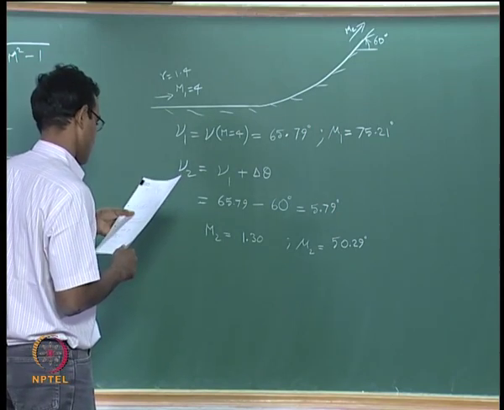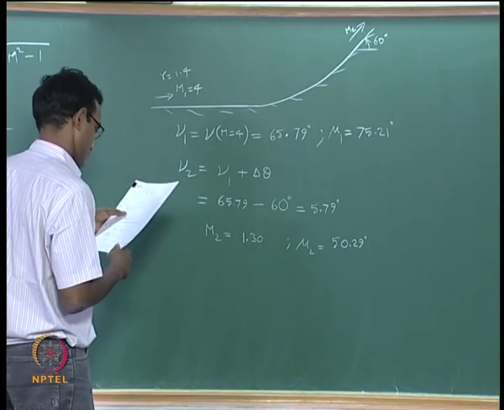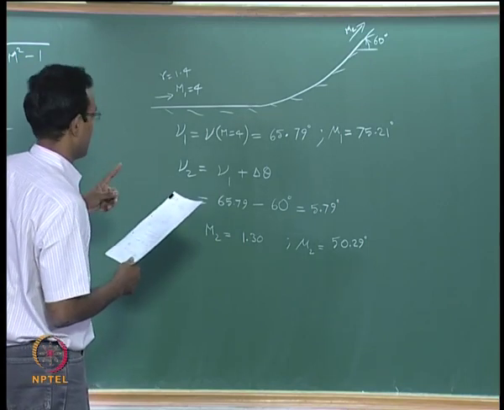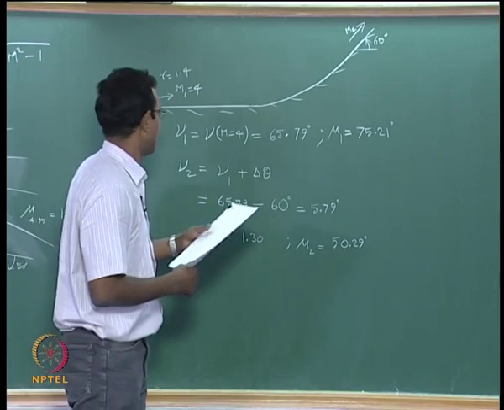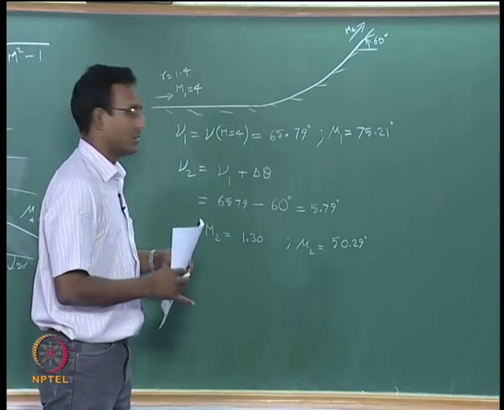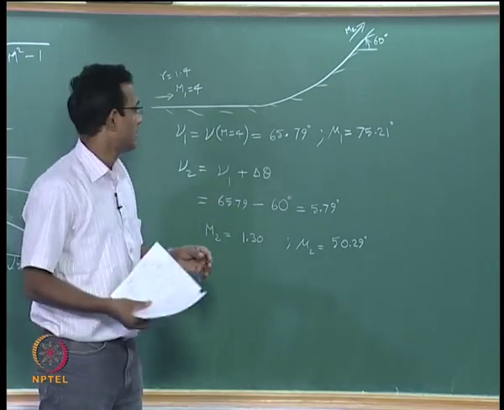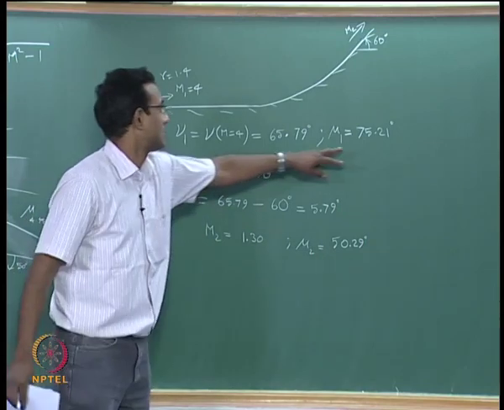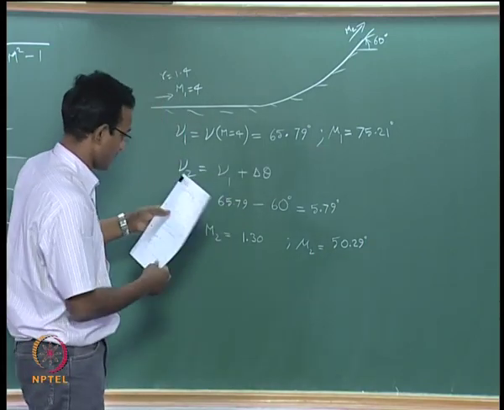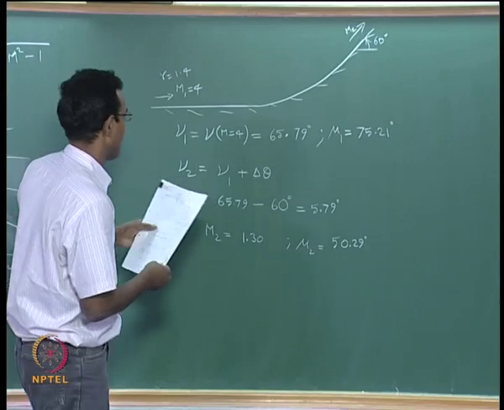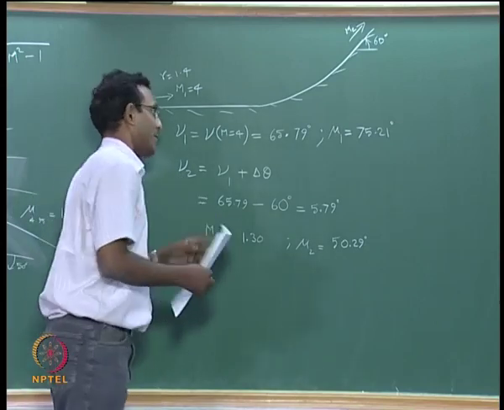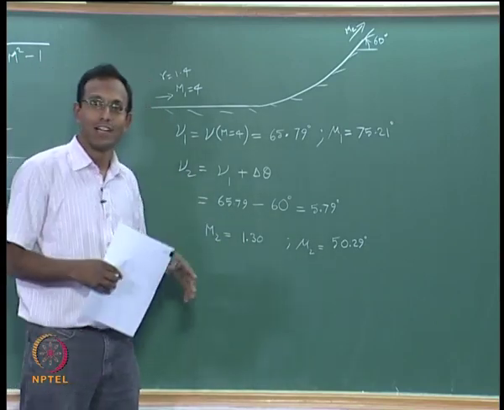I think there is a problem somewhere. I made a mistake somewhere, I think. It cannot be that. Do you guys have a calculator? Can you check whether this 75.21 is right? I think there is some mistake there. Anyways, I know that when Mach number increases, the mu angle should decrease.